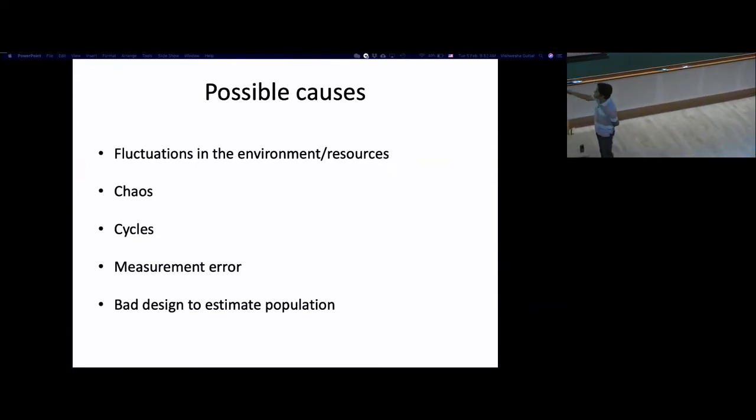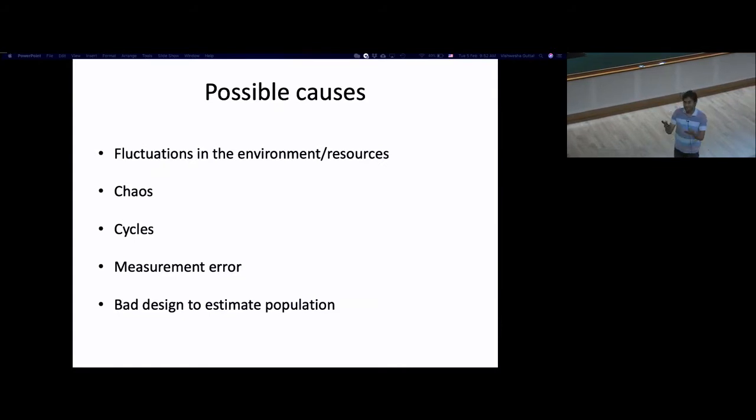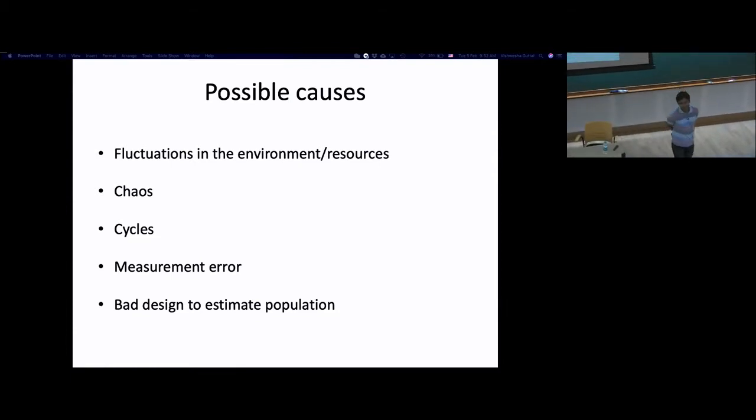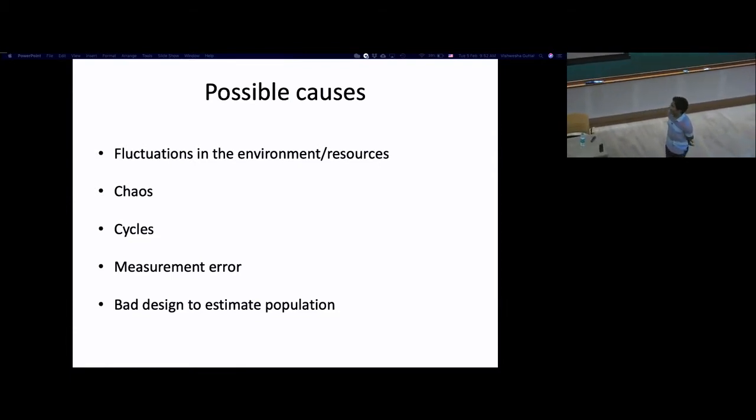This is not something we study in theory as much, but if you are really trying to understand population size in the real, natural world, you will never be able to get an exact count, right? You can only estimate the population size, and that's highly non-trivial. Those can also cause these kinds of issues. Of course, we have mentioned many more interesting possibilities, and I will add those to this list when I make the next presentation in the next workshop.